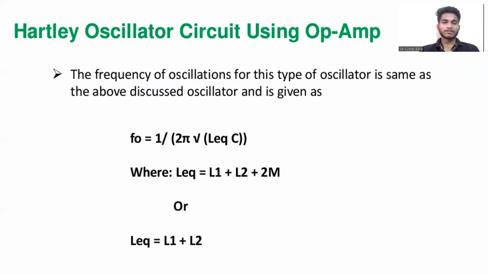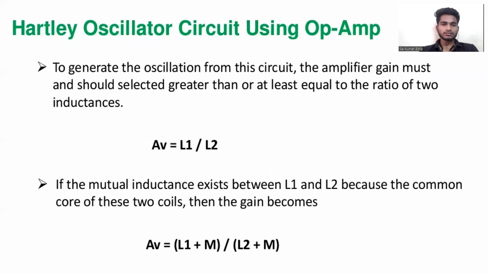And now the frequency of oscillations for this type of oscillator is the same as the above discussed oscillator and is given as f0 equals 1 by 2 pi root of L equivalent times C, where we know L equivalent equals L1 plus L2 plus 2M. And if 2M is neglected, then L equivalent equals L1 plus L2.